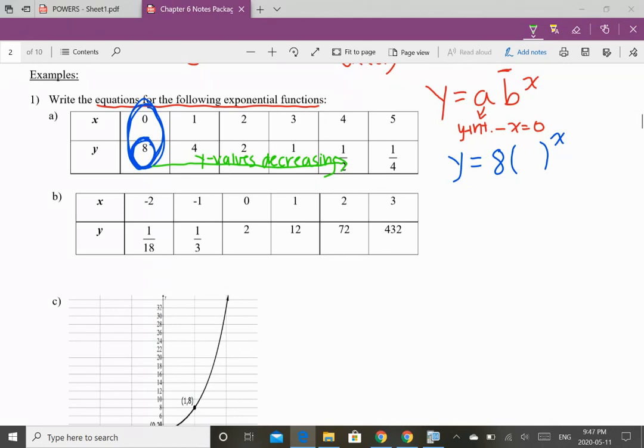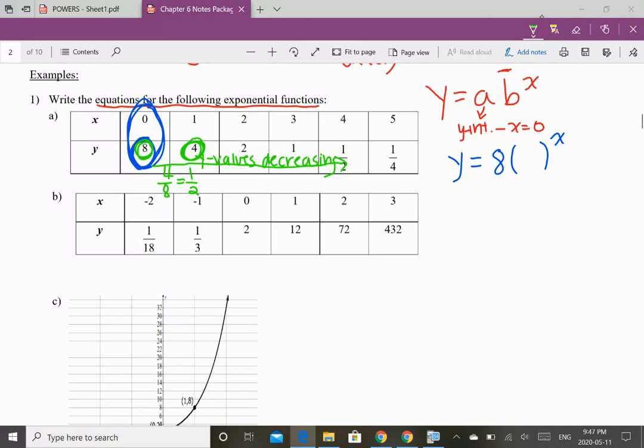To figure out how it's decaying, what we're going to do is look at what our base is. What are they decaying by? And the easiest way to do that is to just divide our consecutive terms. So what I mean by that is I'm going to take this 4 right here, and I'm going to divide it by the 8 right there. 4 divided by 8 is 1/2.